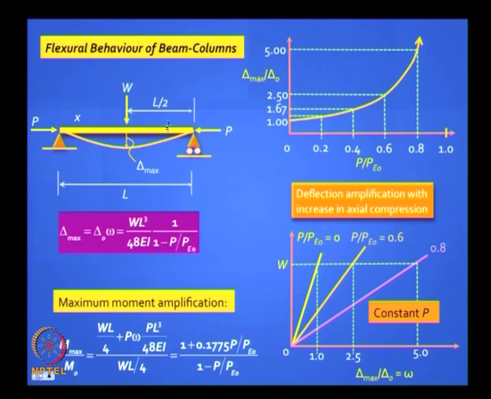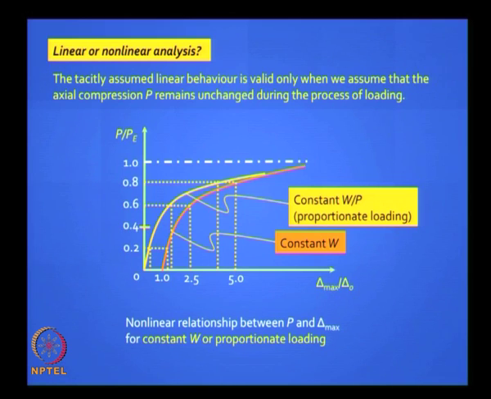It is a linear function of W and it is a non-linear function of P. If P is constant, you can still do linear analysis, but if W is constant, then you have a non-linear analysis problem, okay? Or if you have proportional loading, W and P keep increasing in a fixed ratio. So whether to do linear or non-linear analysis depends on which is constant.